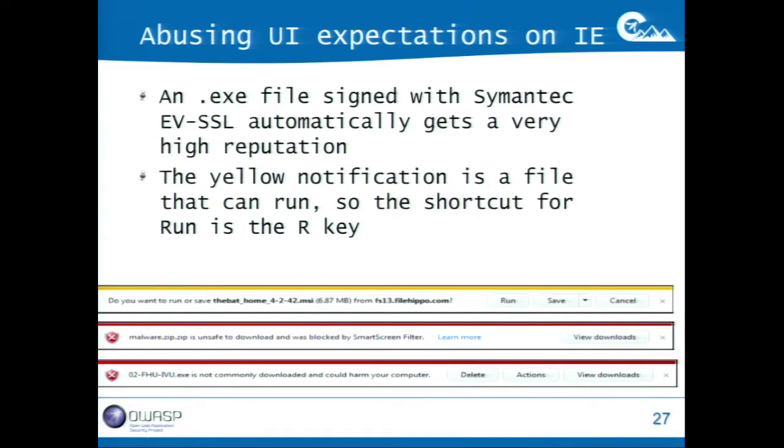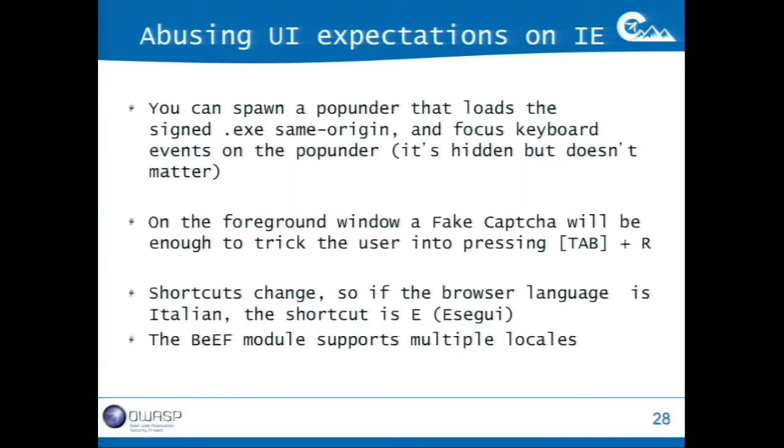Depending on the version of Internet Explorer, you need to press Tab, R, or just R. Obviously, this is dependent on the language, in Italian for example it changes, but you can fingerprint the localization of the user. The trick is the following: with the EV SSL from Symantec, you bypass the SmartScreen filter, and you can control it via keyboard shortcuts, but there is a third trick, which is basically the following.